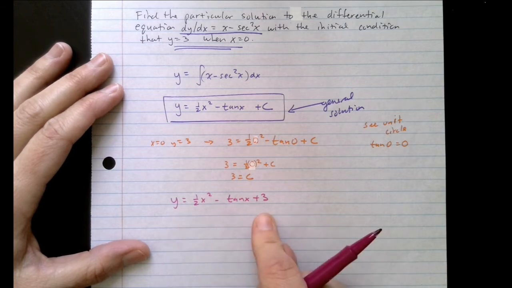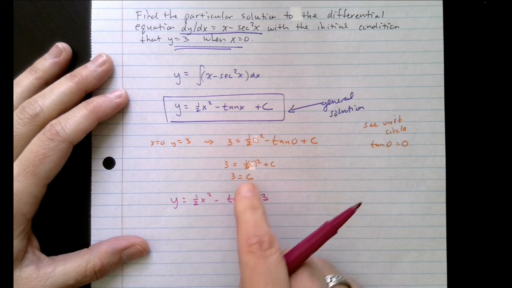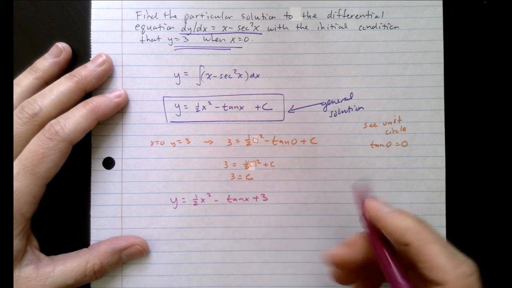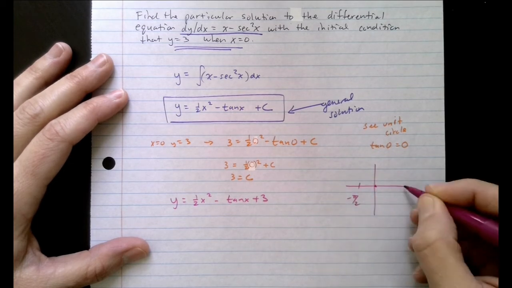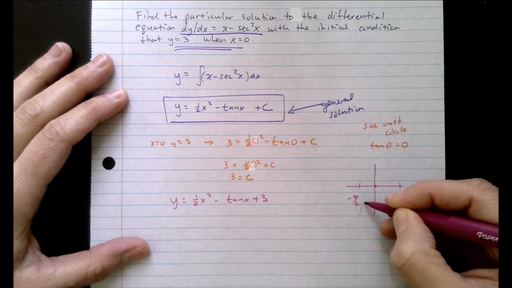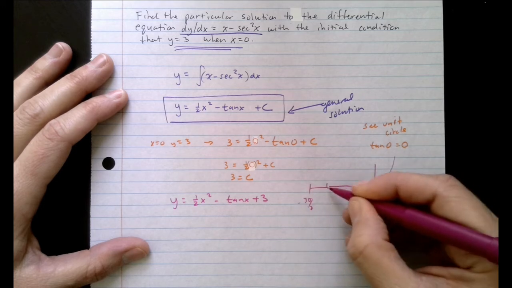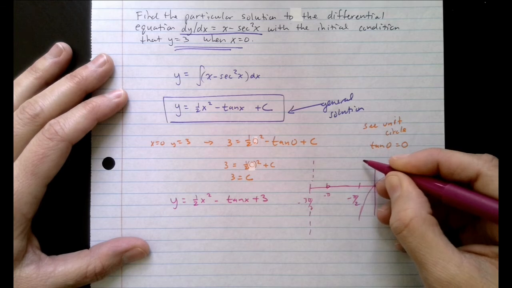This function has discontinuities. Its domain is not all real numbers. So this particular solution is only valid over a very strict domain. Tangent function is bound. It exists every pi, but it has vertical asymptotes.